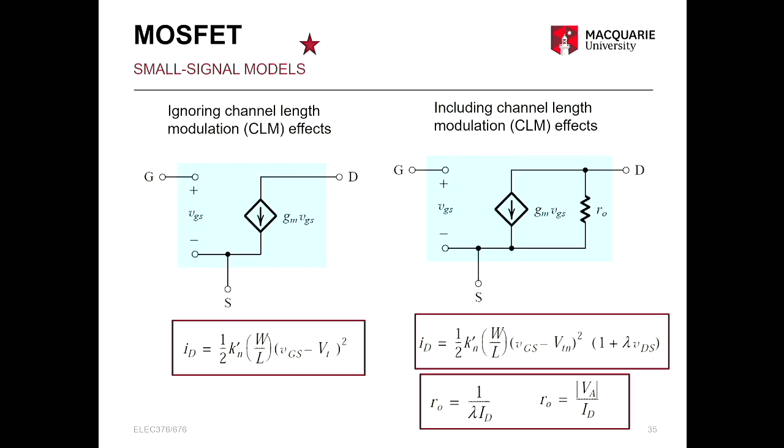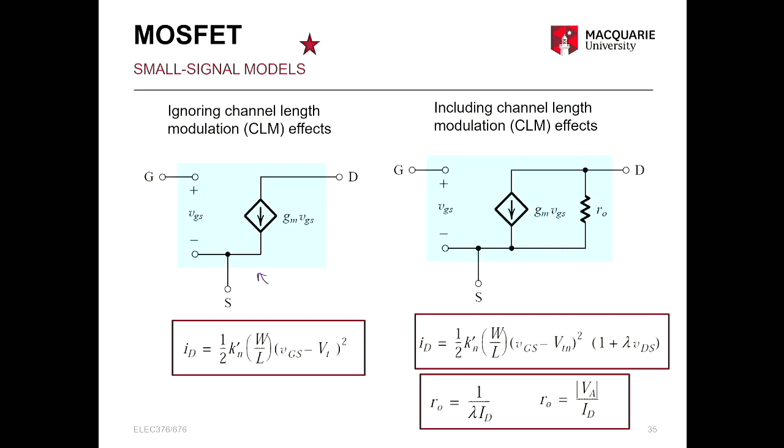Now we have seen this before. We can replace the MOSFET with its small signal model when we are doing a small signal analysis. On the left side here is the small signal model without the output resistance, or without considering the early voltage.